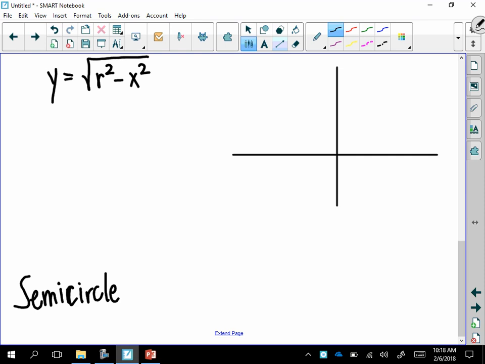So what we'll do is we'll just go out r units to the right, to the left, and up. And there's what our semicircle looks like. And of course, r will take on specific values as I give you a particular function. If I gave you the square root of 25 minus x squared, then now r is 5. Gave you the square root of 144 minus x squared, then r is 12. Okay, so you just kind of use that to determine.